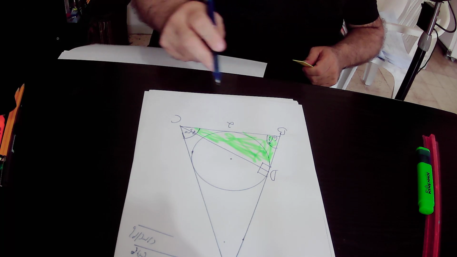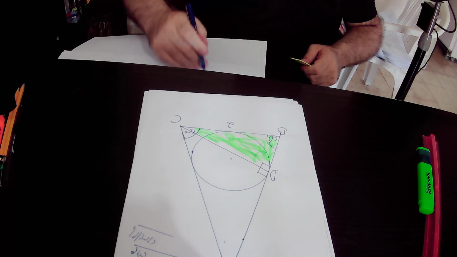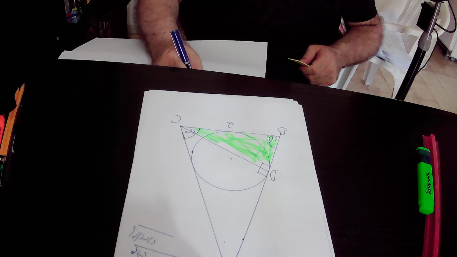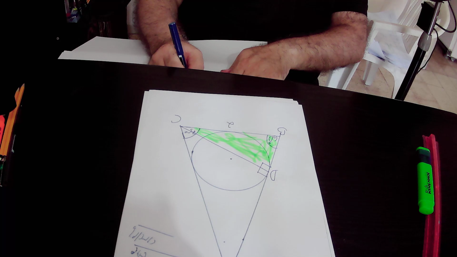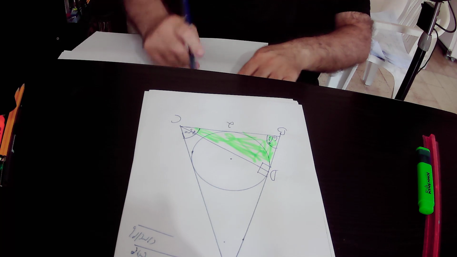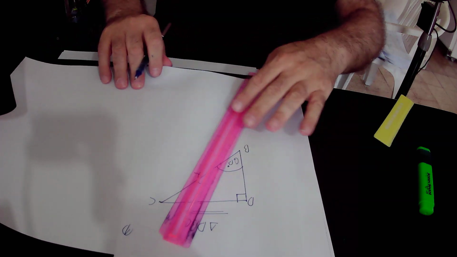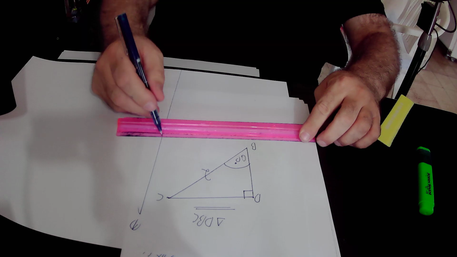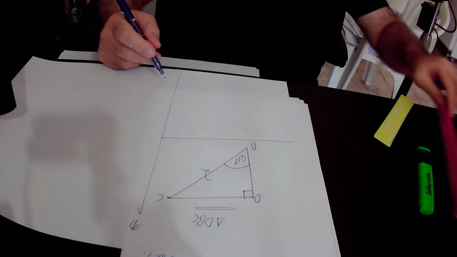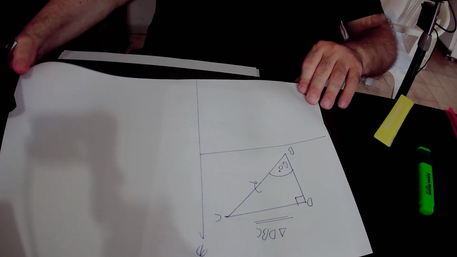And side BC equals 2 units. So this is the right triangle DBC that I copied from the original drawing.